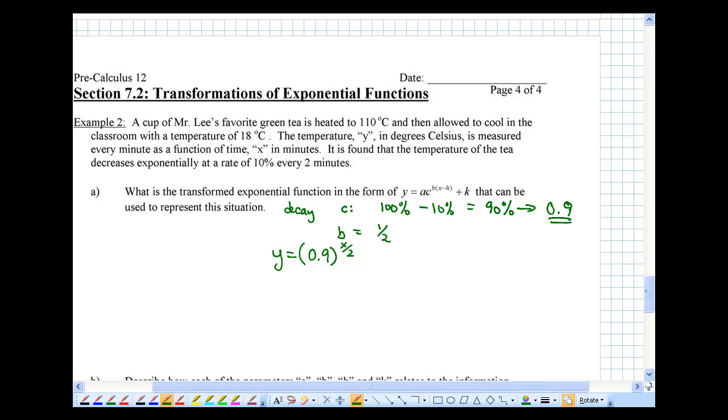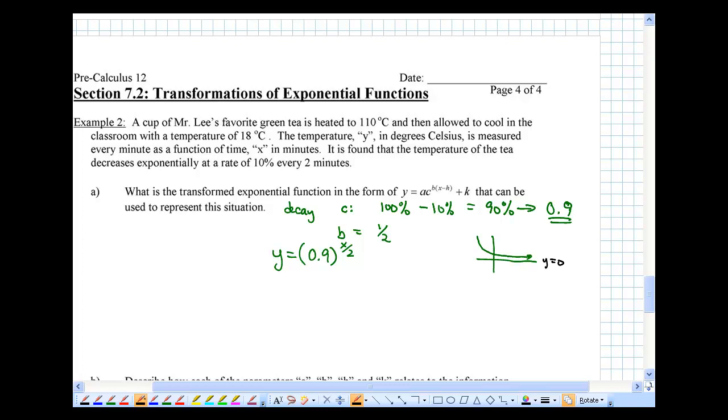Well, think about what this graph looks like, the green one here. It's a graph, and it's decaying. It's getting less and less and less. Well, what's it getting closer to as it moves further and further to the right? Yeah, if you thought about it, the horizontal asymptote in this case is 0, right? y equals 0. But wait a minute, in our question, it seems like this cup of green tea decreases in temperature until what temperature?